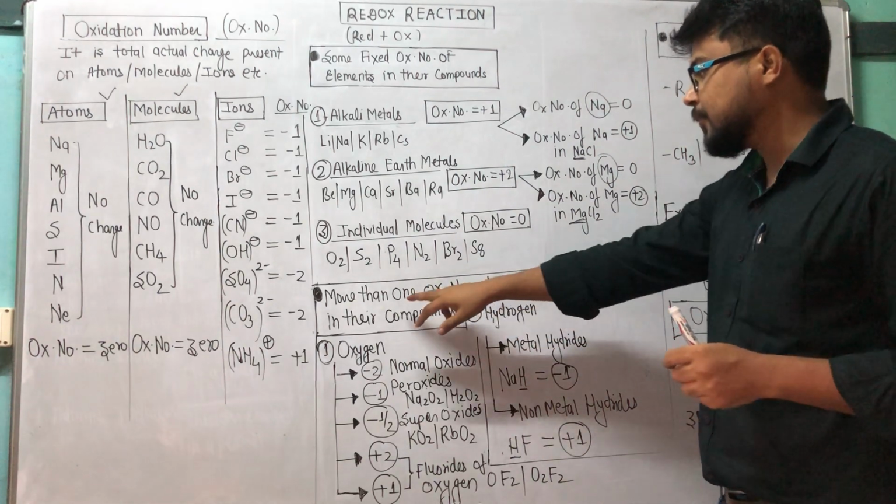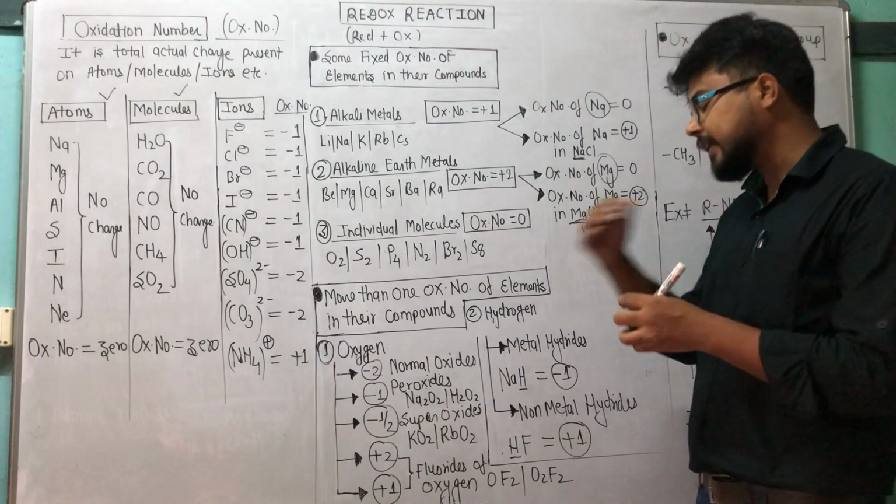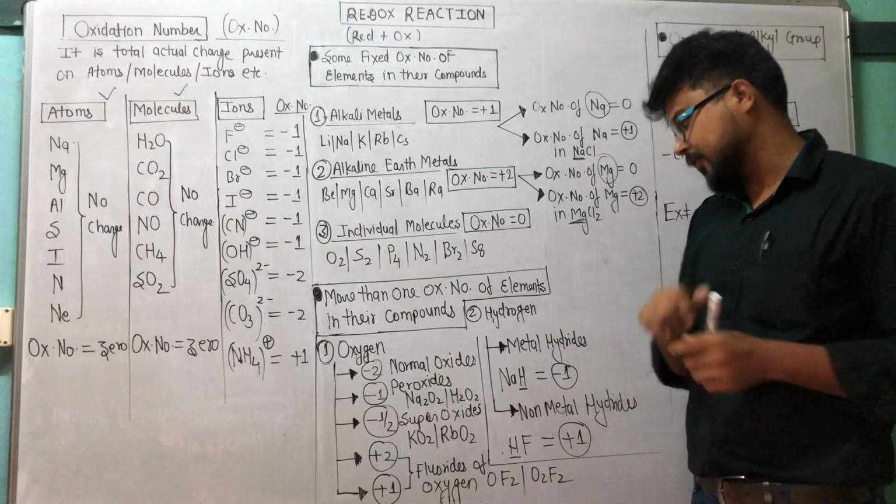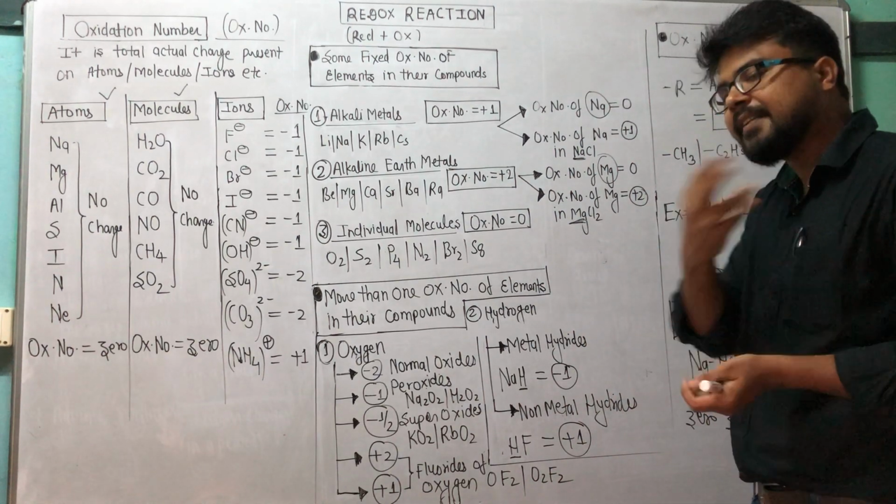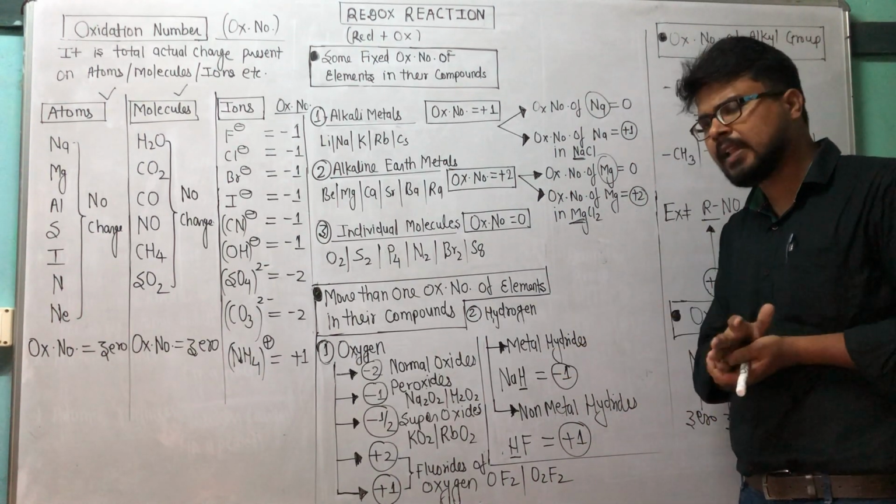So number 2, more than one oxidation number, the category for hydrogen. Hydrogen means hydride, metal hydride or non-metal hydride.